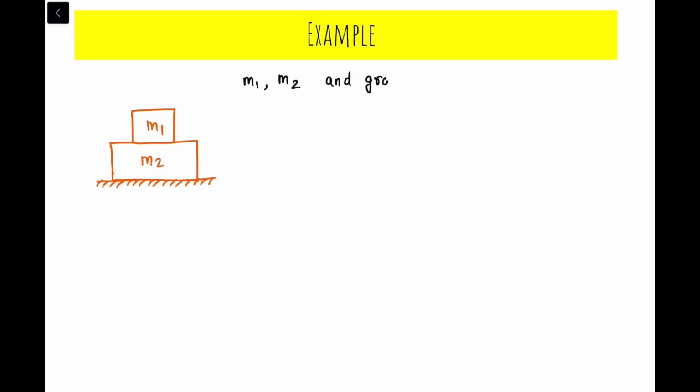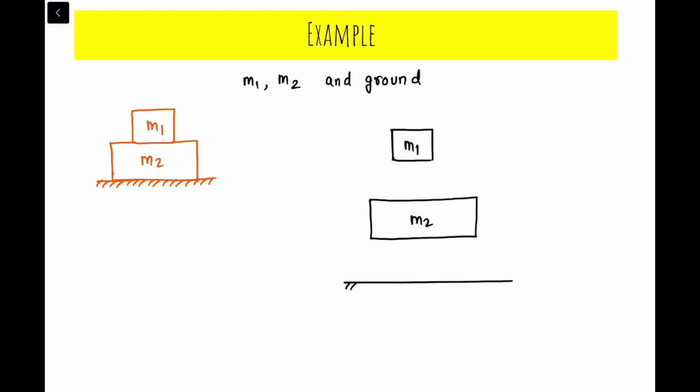So first of all, isolate: this is m1, then there is m2, and lastly there will be our ground. Now we have successfully isolated the bodies.